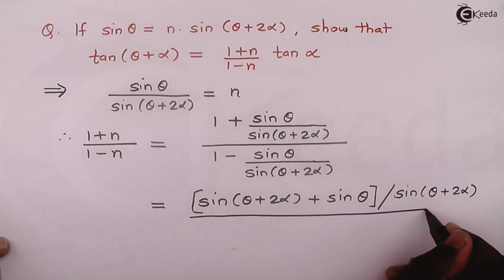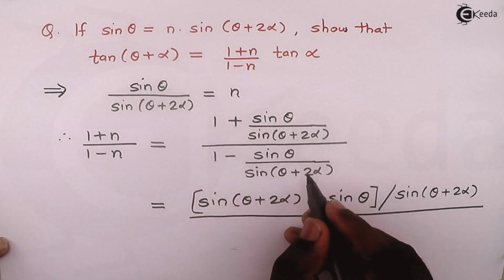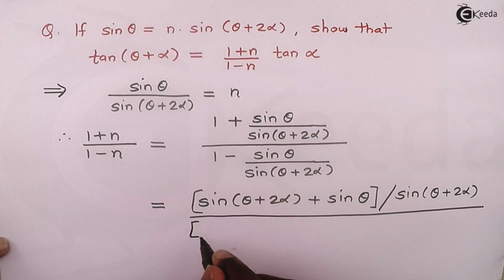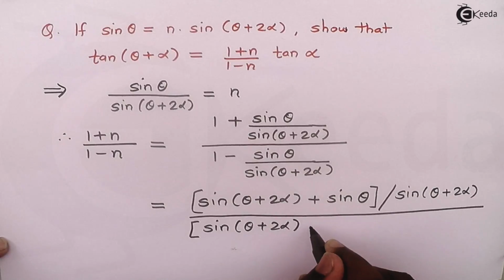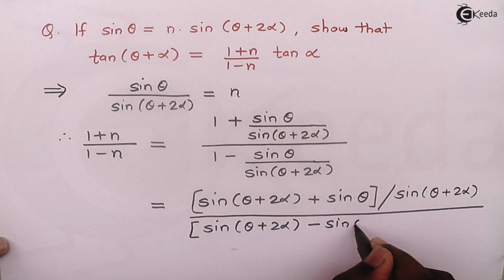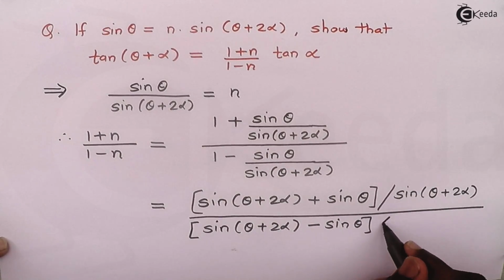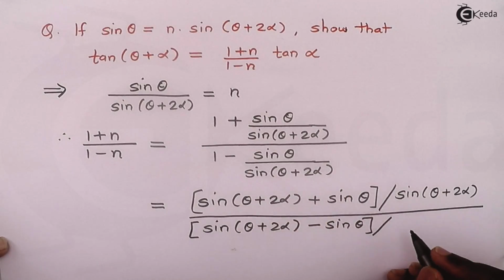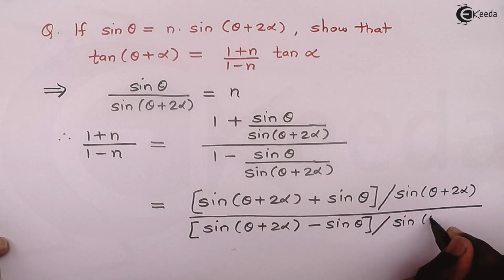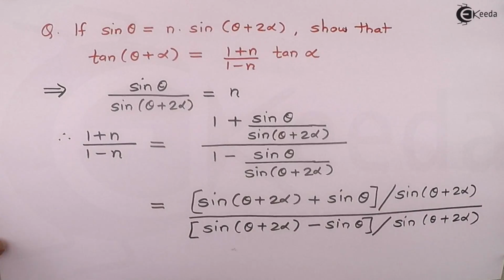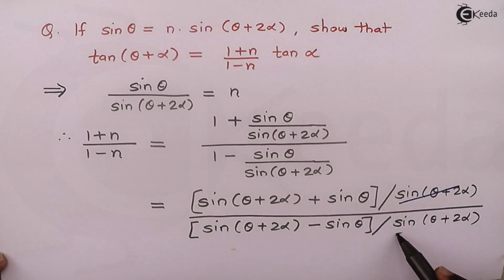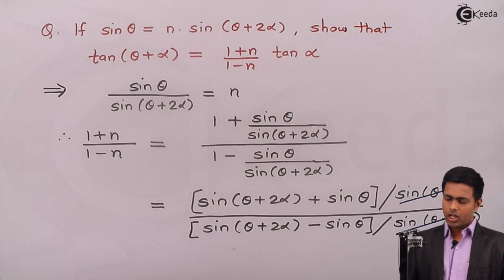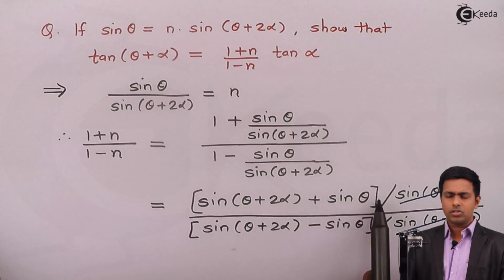Similarly, in the denominator we will get by cross multiplication sin of theta plus 2 alpha minus sin of theta, whole upon sin of theta plus 2 alpha. Now we can cancel the denominator of both the terms because it is the same.